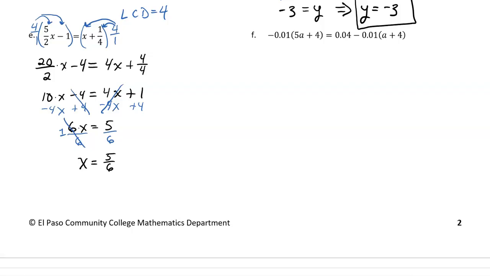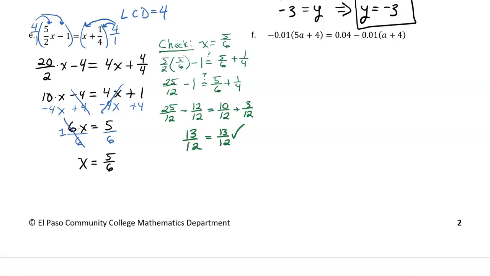Let me check it. A little bit more work because of those fractions, but in the check, when we plug that 5/6 into both spots of our x on the left side and the right side of the original equation, we're going to get 25/12. I'm going to have to get a common denominator, which I found to be 12. It just so happens that the left and right side are all 12.